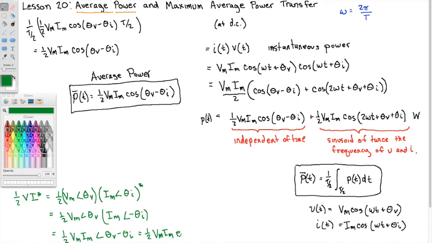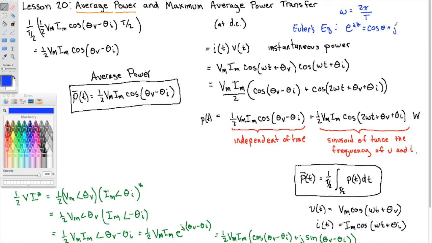If I write it in exponential form, e to the j times theta v minus theta I. And from Euler's theorem, this is 1/2 Vm Im times cosine of theta v minus theta I plus j sine of theta v minus theta I. Remember Euler's theorem, or Euler's equation, was that e to the j theta is cosine theta plus j sine theta.